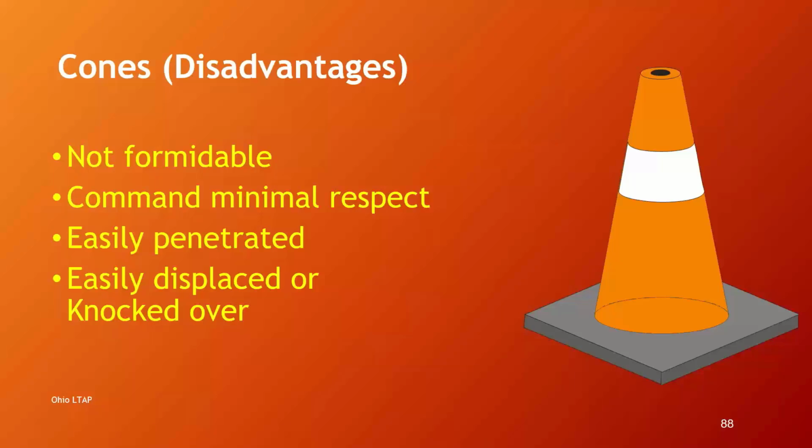sometimes when you work for the local government, it's kind of hard to figure out where to place your signs. It's easy to figure that out when you work for ODOT, because they always have nice wide shoulders. But sometimes when you work for a city or county or township, you don't really have those wide shoulders, or sometimes you have curb and gutter right up against a lane.